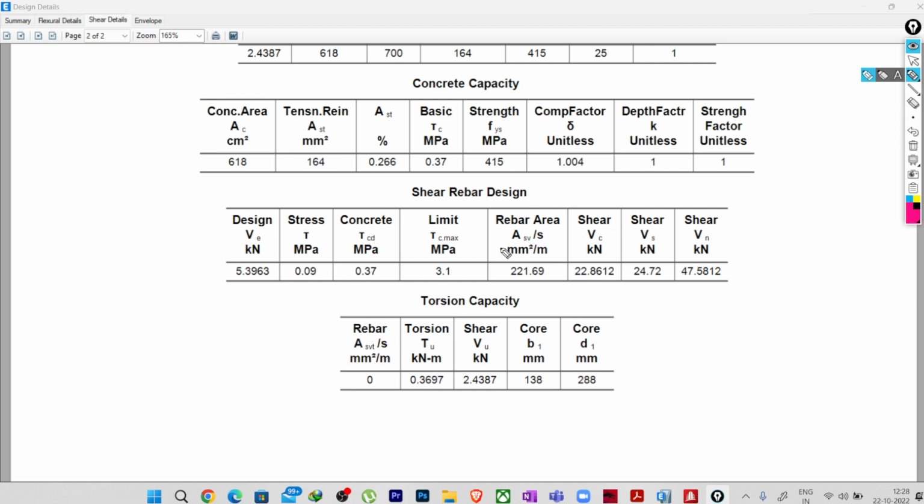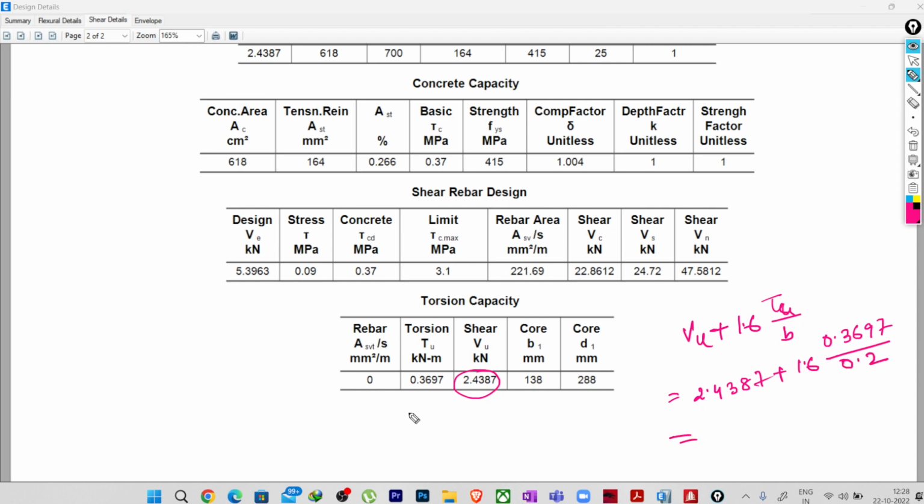So where is our VU? This is our VU. So it is VU plus 1.6 TU by B. Please calculate this. 2.4387 plus 1.6 TU, which is 0.3697, divided by, all are in kilonewton, so you can put it 0.2.